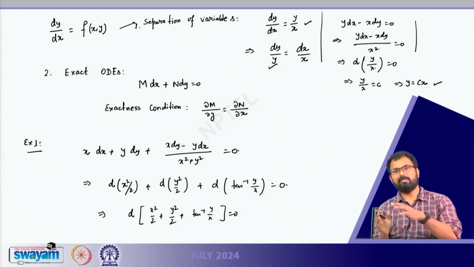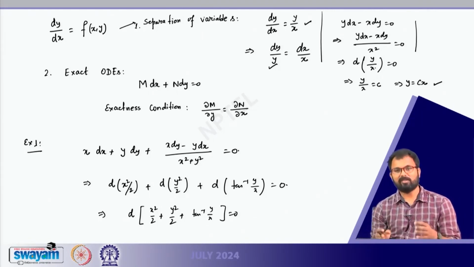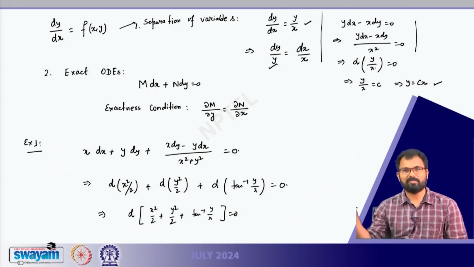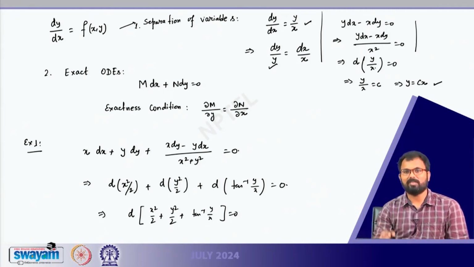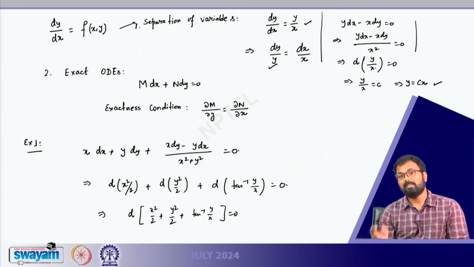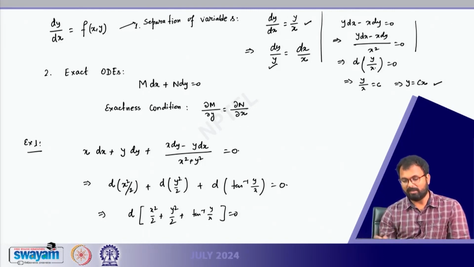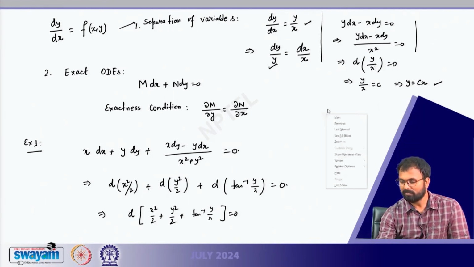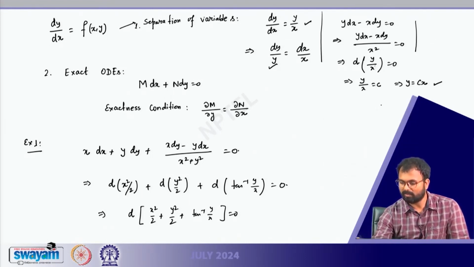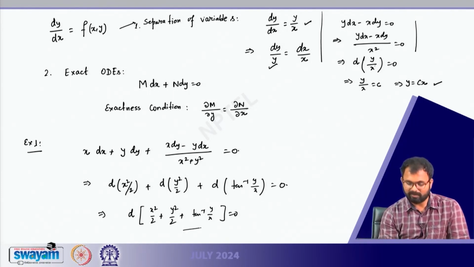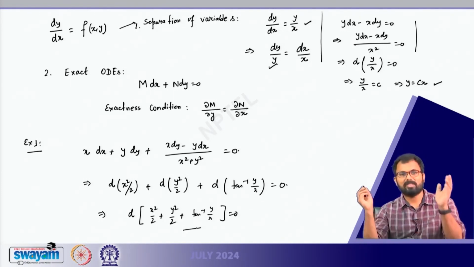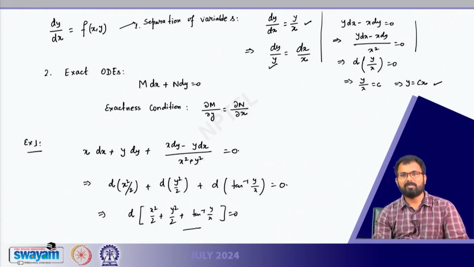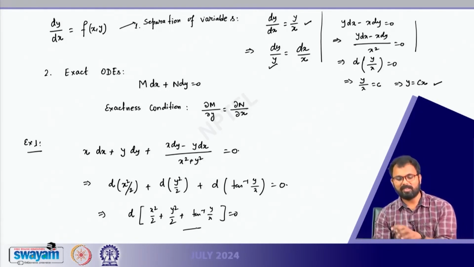So, if the given ODE is exact, then writing the solution is very straightforward. You can write d of that psi, so that function psi you can determine. But if it is not exact, then you basically do this multiplication. So, here we multiplied by that 1 by x square and then it became exact and we wrote down the solution. Here we did not have to, because it is given to us that you can write the first term as d of something, the second term as d of something, and the third term as d of something, and then it is exact.